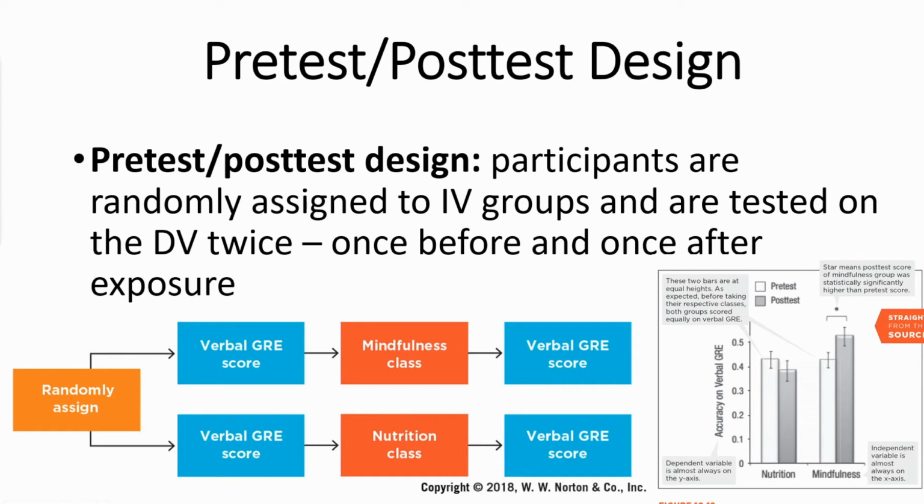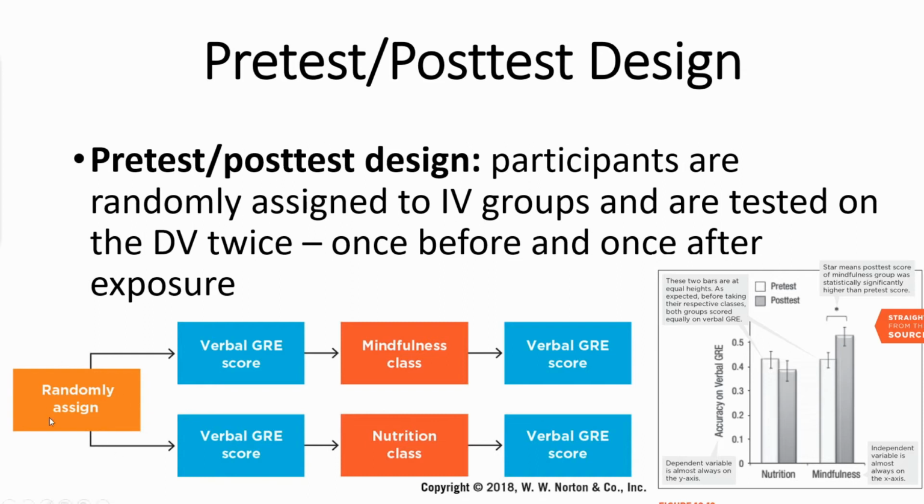So we can look at an example here where they wanted to look at the effects of mindfulness training on scores on your GRE. So the idea being that if you are more mindful and calm, that you would perform better on these particular tests.